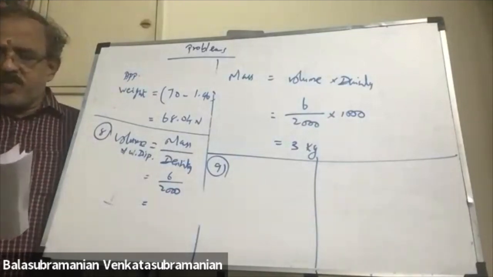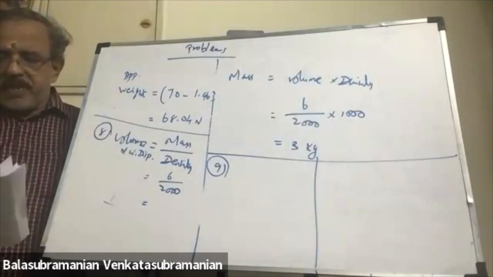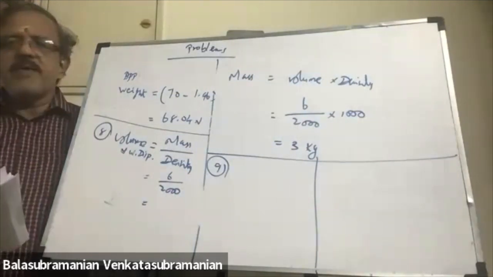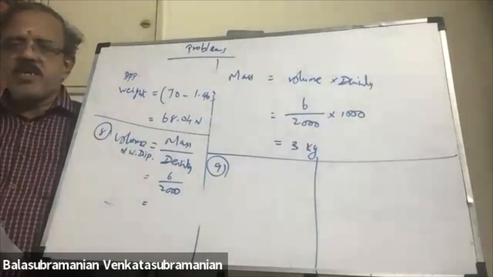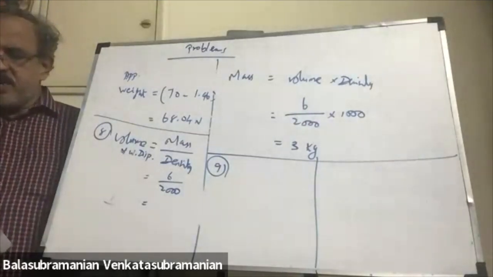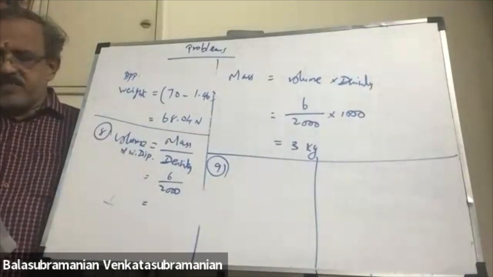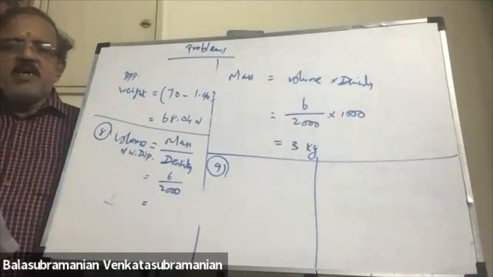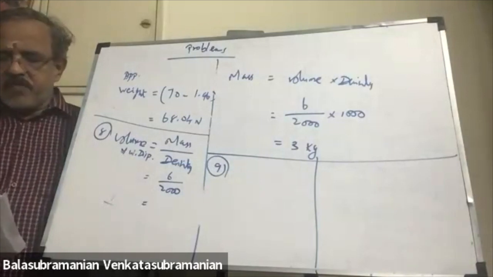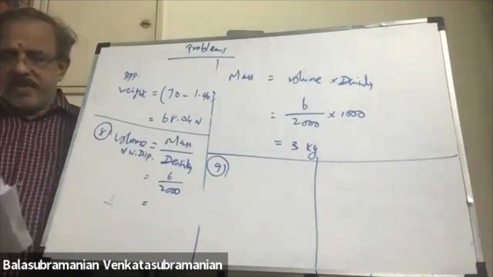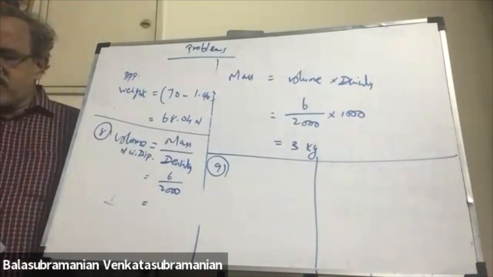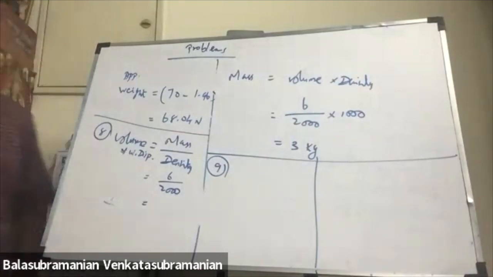Find the horizontal force required to move the plate with a speed of 2 centimeter per second. Viscous force is based on it. Given area of the plate 5 centimeter into 5 centimeter, viscosity 1.55, castor oil thickness is 1 millimeter, speed is 2 centimeters per second.